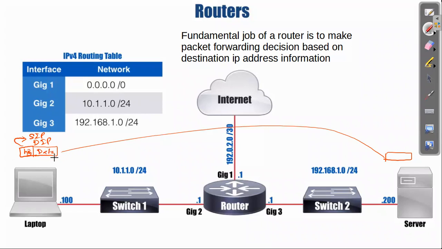The data is encapsulated with this header. This happens in layer 3, the network layer. The network layer protocol data unit is called a packet. The packet always has the source IP address and the destination IP address.